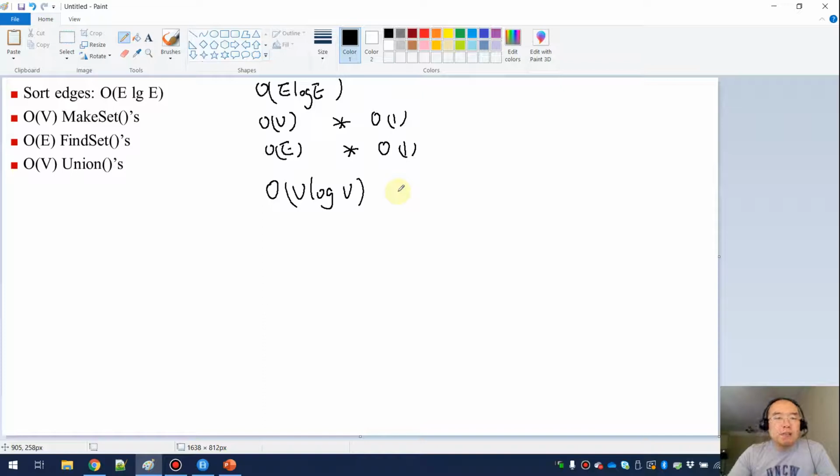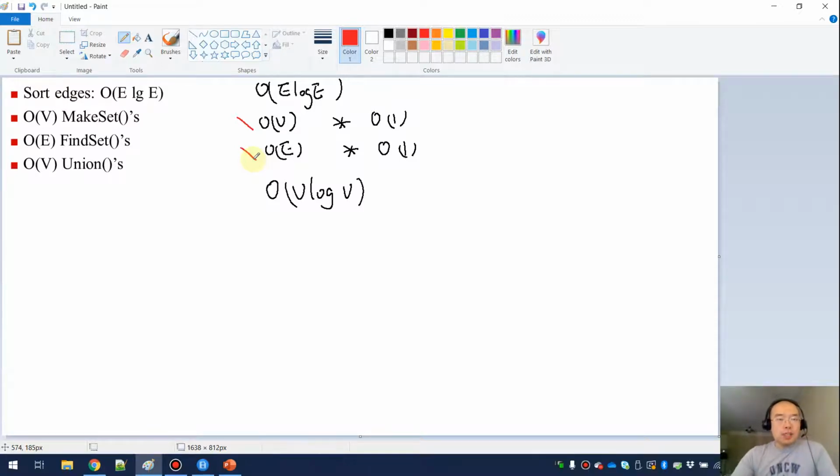And if we just want to add them together and pick the most significant part, which one should we pick? Okay, so we definitely don't want to pick this one and this one. So the next question will be O(E log E) and O(V log V). Which one is higher? Are we going to have more edges, or are we going to have more vertices?